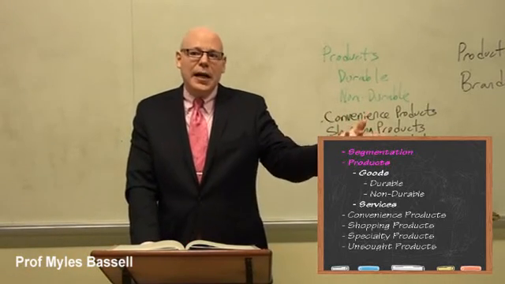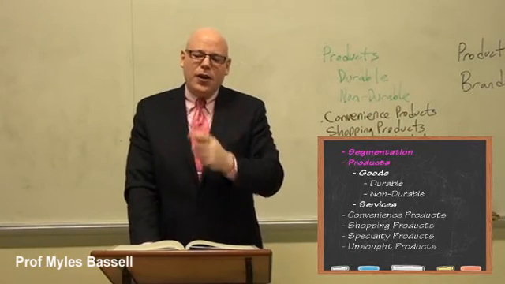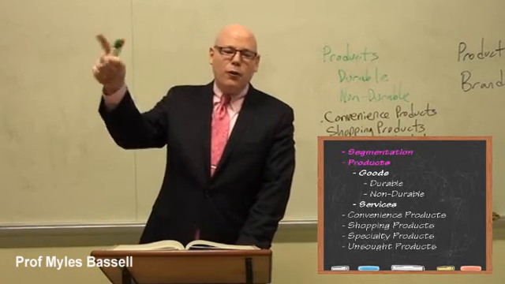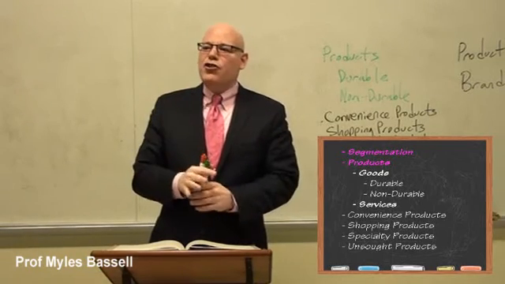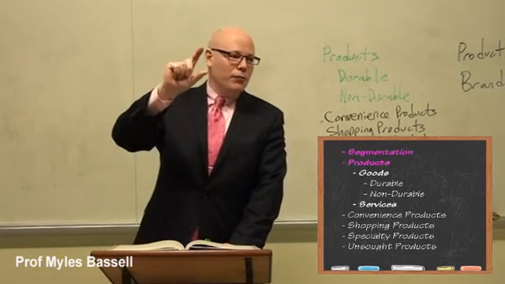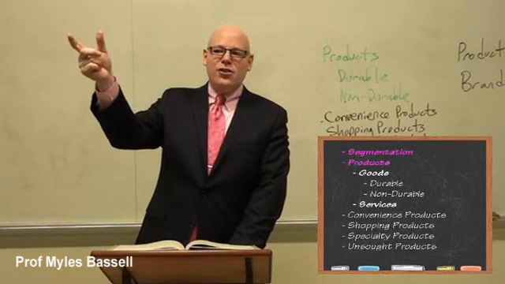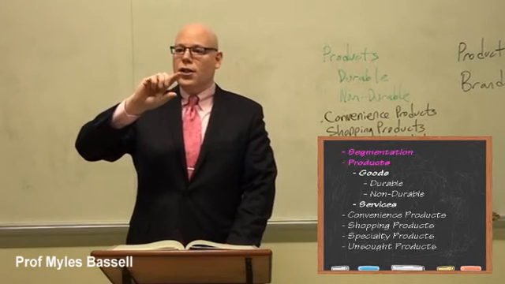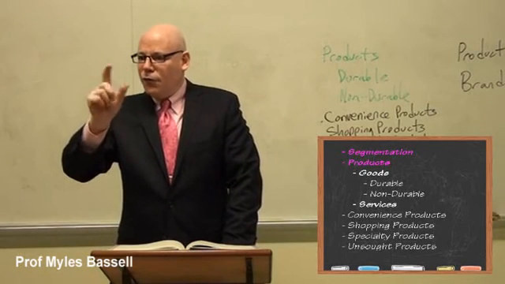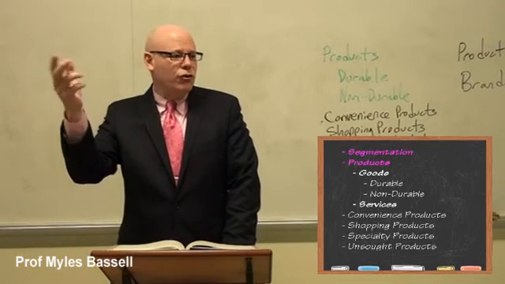Well, ultimately, the issue with durable products is that what we want to do as marketers is shorten the time between the initial purchase and repeat purchase, right? So with consumable goods, the period of time for a repeat purchase is usually very short.